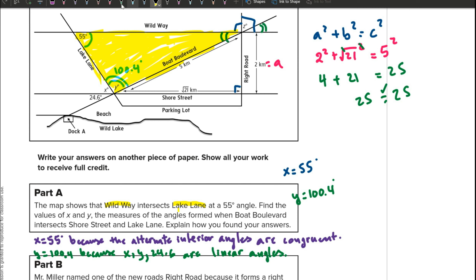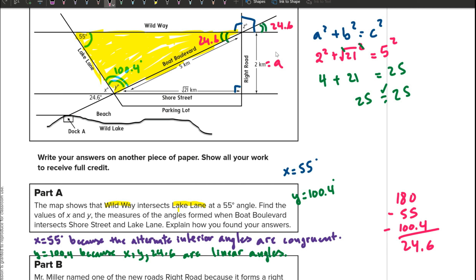The sum of the three angles in a triangle equals 180. So that will be 180 minus 55 minus 104, which gives you 24.6. So this angle is 24.6. The vertical angle across from it is also 24.6.